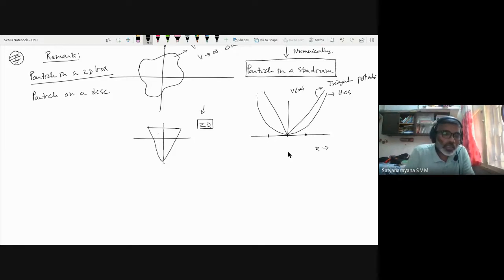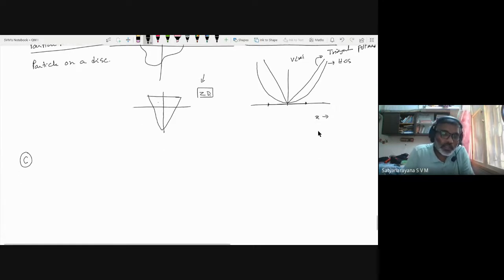So now let us look at a different set of problems. Ultimately, the exercise that I am starting now will culminate in solving the hydrogen atom problem.